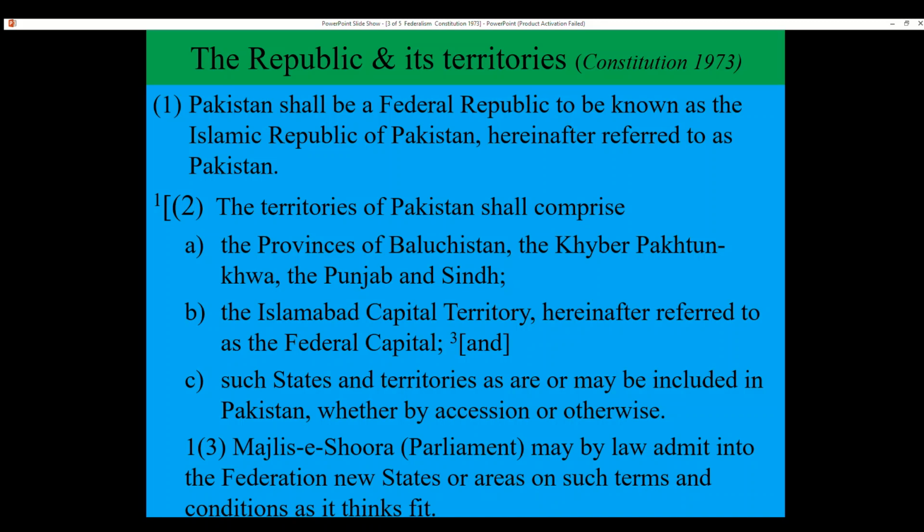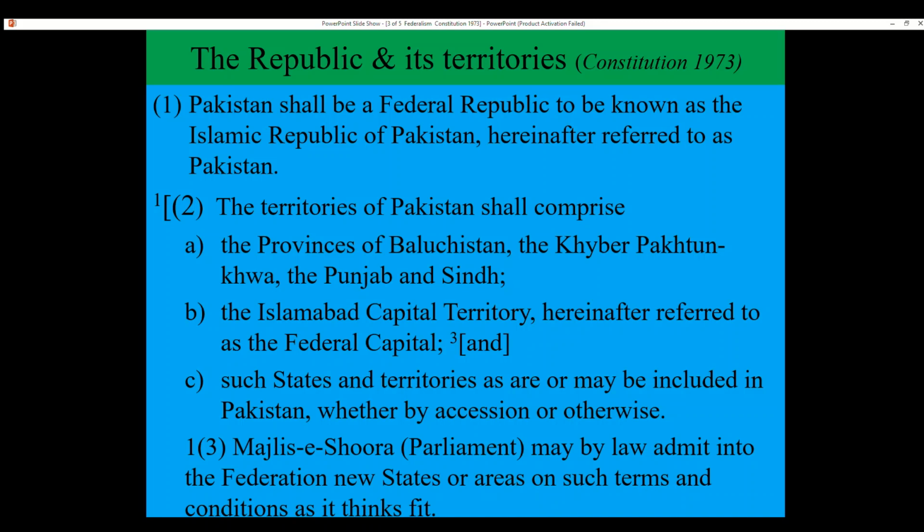Article 1, Clause 2. The territories of Pakistan shall comprise: Subclause A, the provinces of Balochistan, the Khyber Pakhtunkhwa, the Punjab and Sindh, 4 provinces.